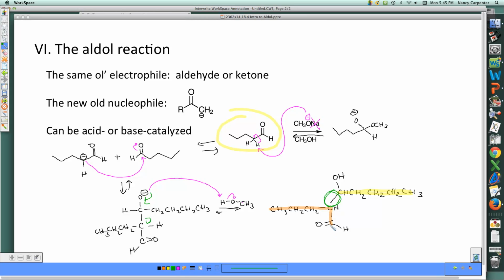Now the actual aldol product from an aldehyde, the aldol alcohol, isn't super stable, but it's pretty easy to dehydrate, in which case you lose water and end up with a super stable product.